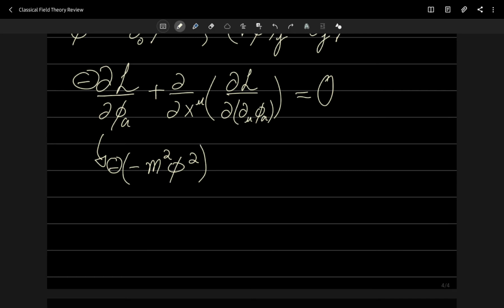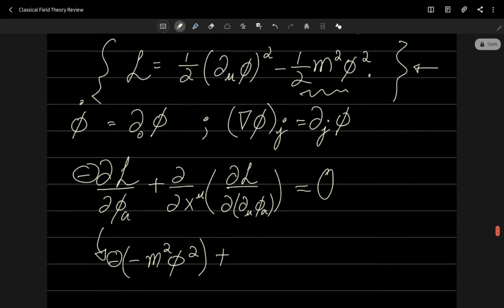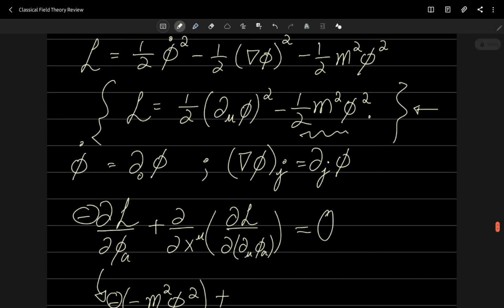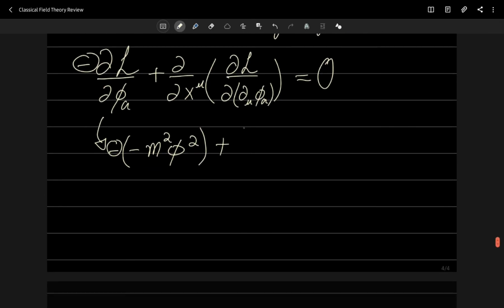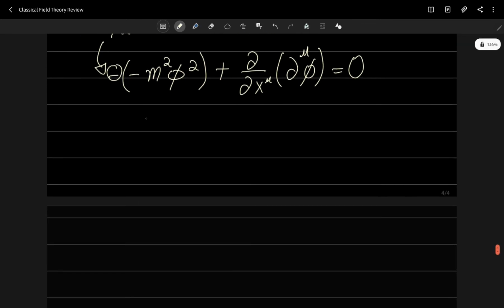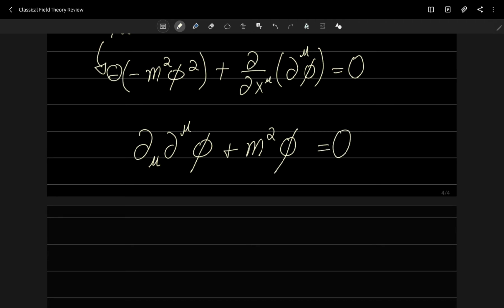You can take derivatives, I hope. And we would have partial over partial x mu of partial mu phi, and this is equal to 0. You could write this as partial mu partial mu phi plus m squared phi, which is equal to 0.